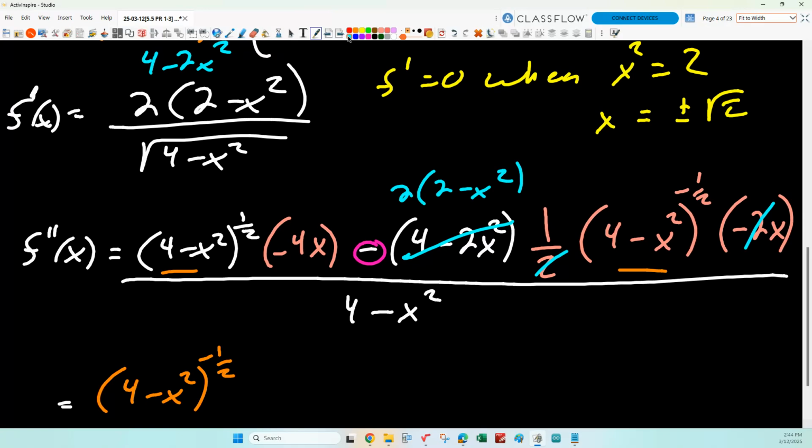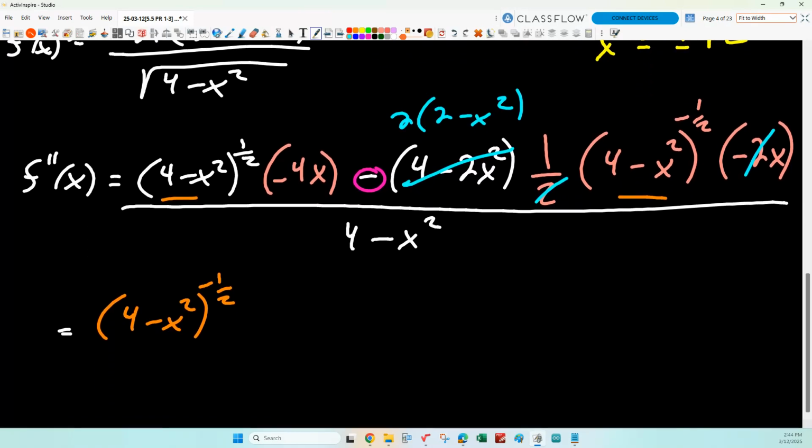That makes sense? Okay. So if I take out a negative 2, x, I can take an x out also. What's left behind from our first term? I'm going to get a 4 minus x squared.